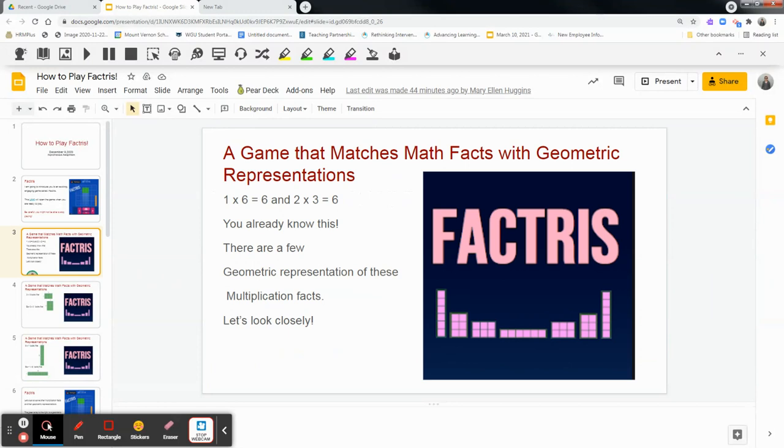Okay, so you'll notice on this next screen that we're talking about, again, your math facts and matching it with this geometric representation. Take a minute and look at the screen in front of you where you see all the multiplication facts or representations for the number 6.